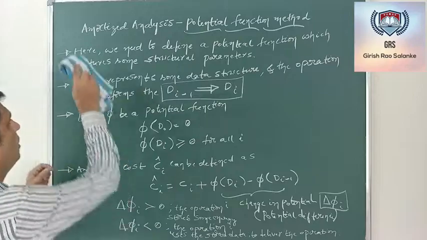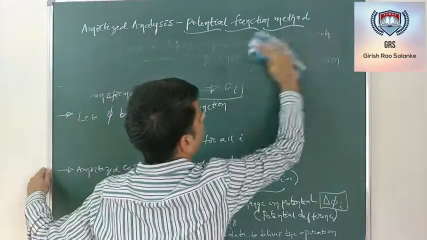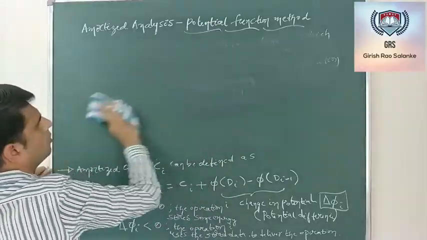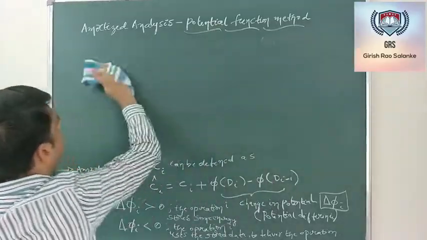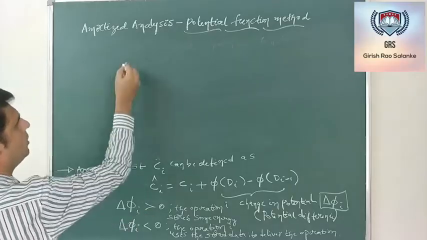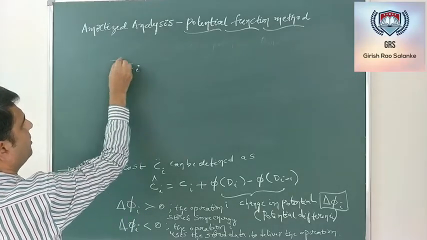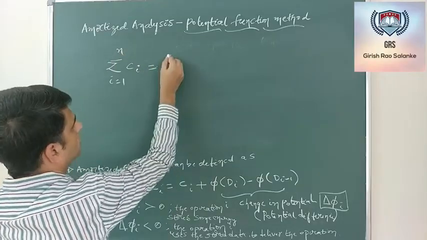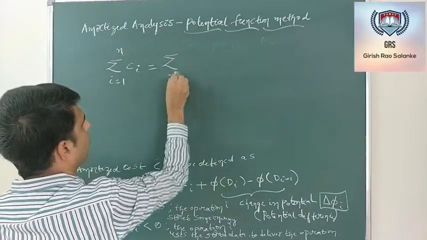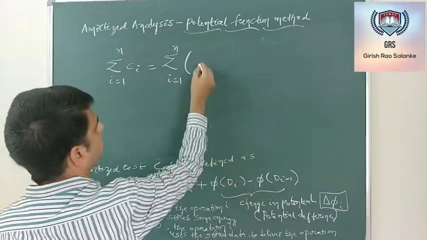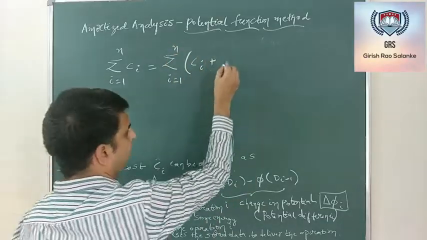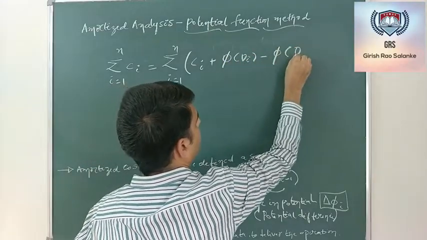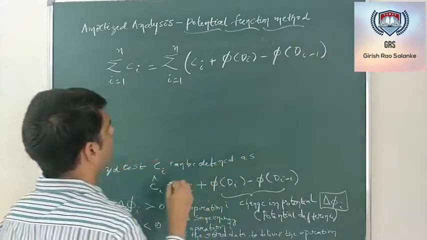Now the amortized cost on performing n operations can be denoted as the summation of i equal to 1 to n of C_i', which is equal to the summation of i equal to 1 to n of C_i plus phi of D_i minus phi of D_{i-1}, which is the potential difference.